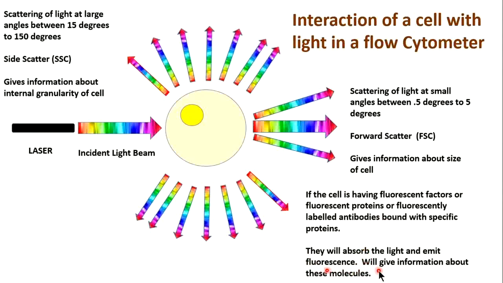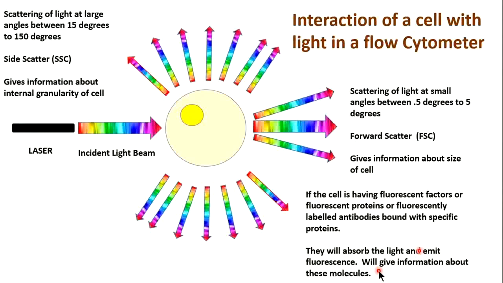And this fluorescence can also be measured by what? Detectors. So detectors are measuring the size by measuring the forward scatter. The detectors are giving the information about granularity by measuring the side scatter, and the detectors are measuring whether a cell is containing any fluorescent factor or not by measuring the fluorescence coming out of the cell.